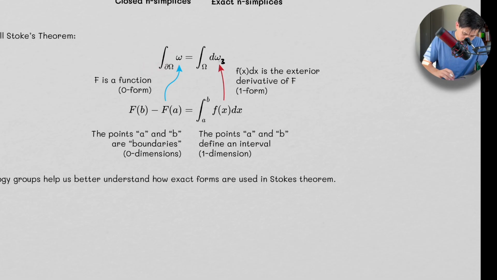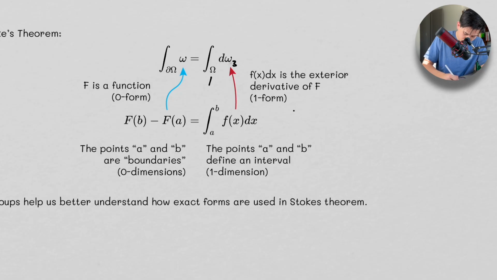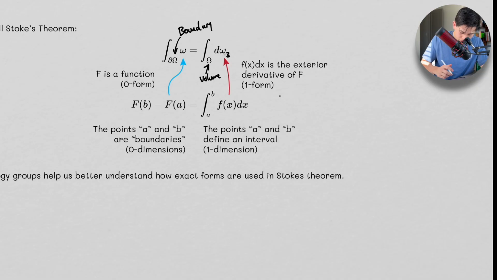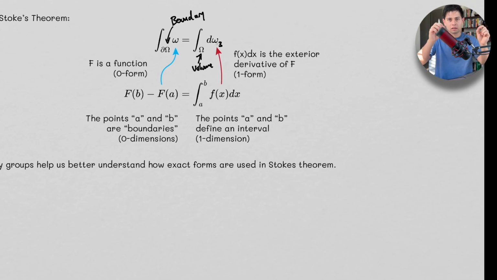So this thing here is the volume and the boundary of the volume. And we can sort of think of this again. We could say, in the context of calculus, the points A and B here are boundaries when we're just looking at a line, for example.